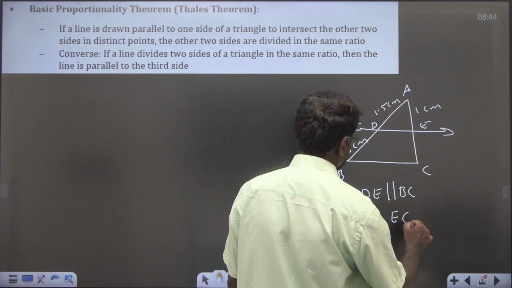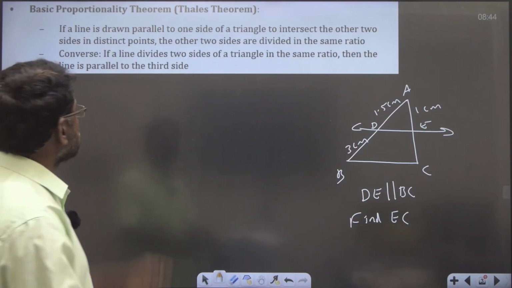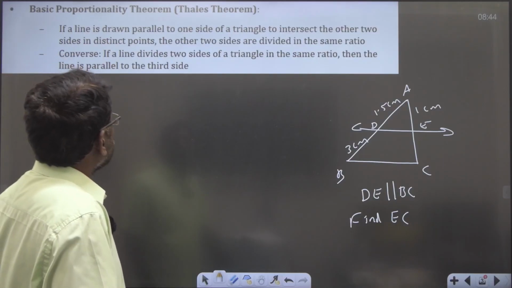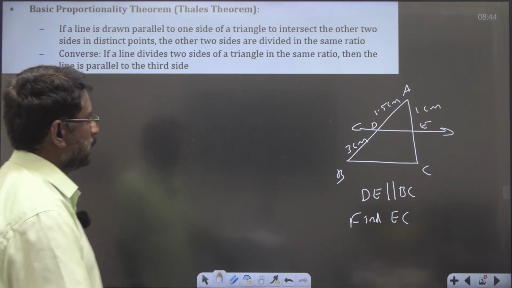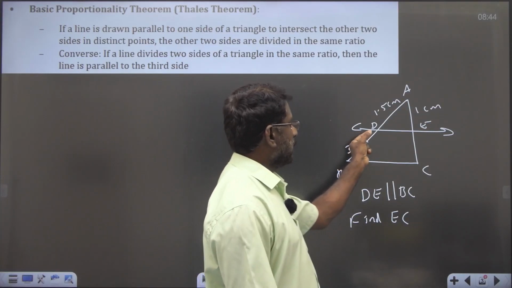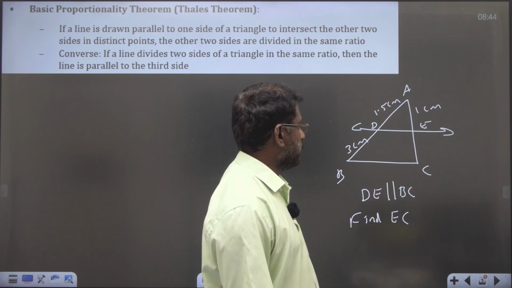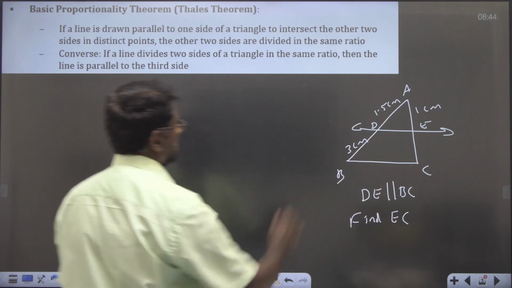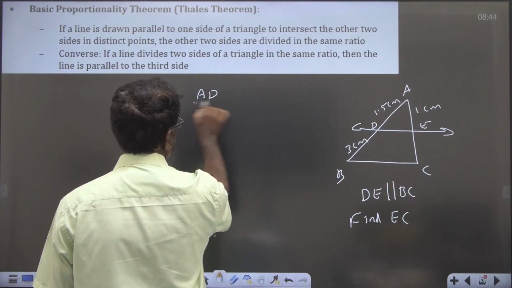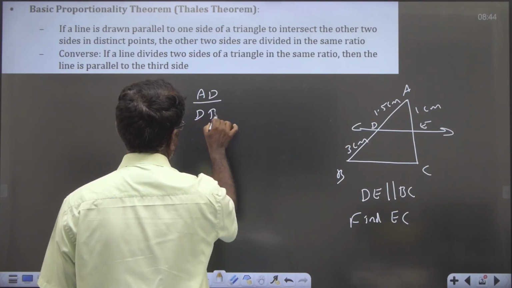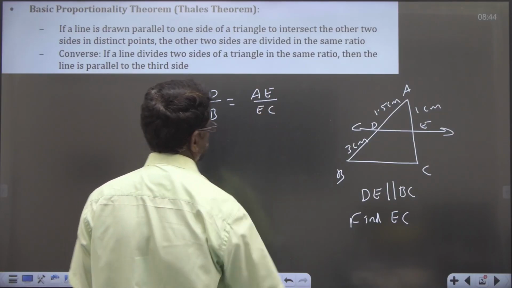How can we find EC? Use the basic proportionality theorem or Thales theorem. If the line DE is parallel to the side BC of this triangle, then using BPT, AD by DB equals AE divided by EC.